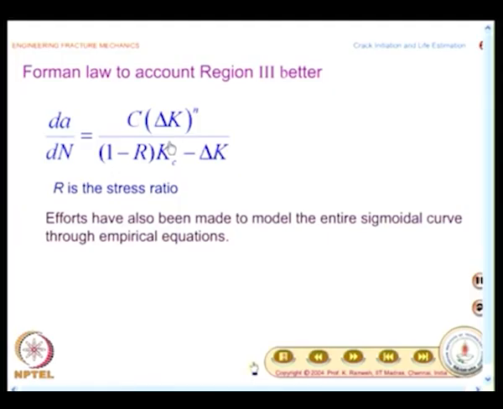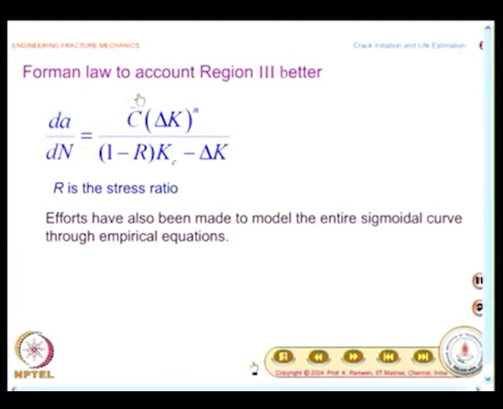And in fact, if you look at the literature, people have also developed computer software to give the expected life, to give the crack growth, and the periodic NDT schedules based on these crack growth laws. And you have what are known as NASGRO and AFGRO and so on. In all those computational softwares, people have used variations of this Forman law as the basis. It forms the basis for such softwares.